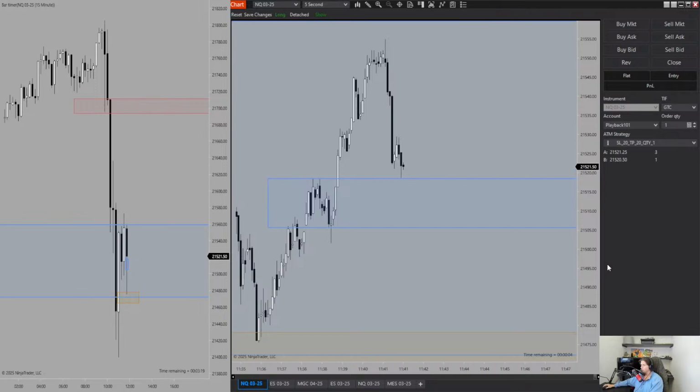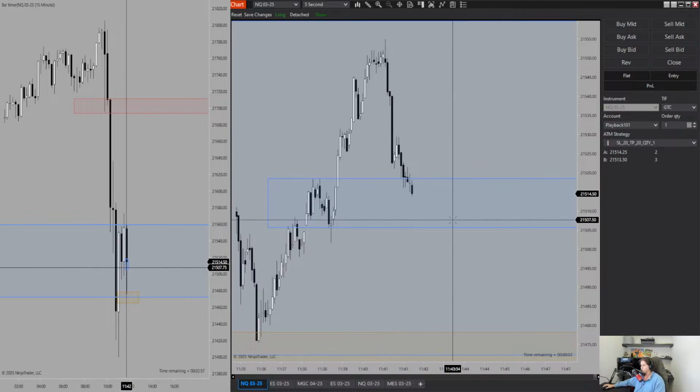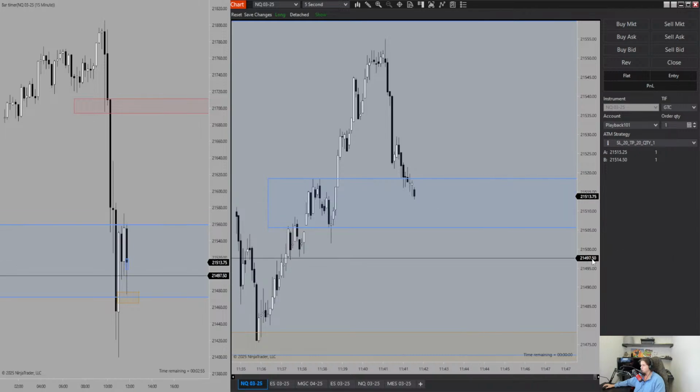All right, so we've tapped into it. Probably like to see it come down a little bit to right here, about 21,511, about the midpoint of this block, and see if we get a reaction there.